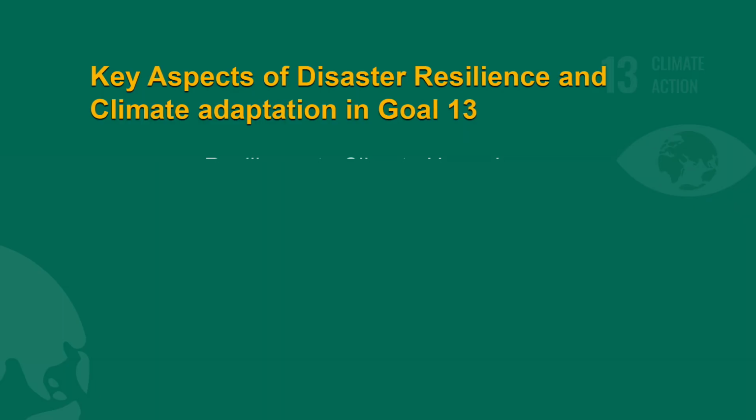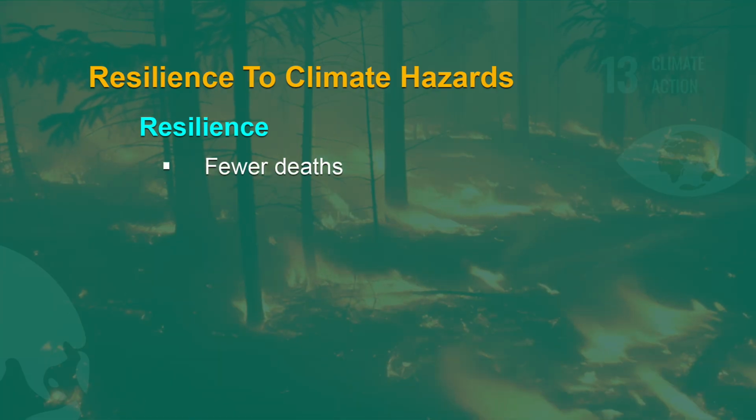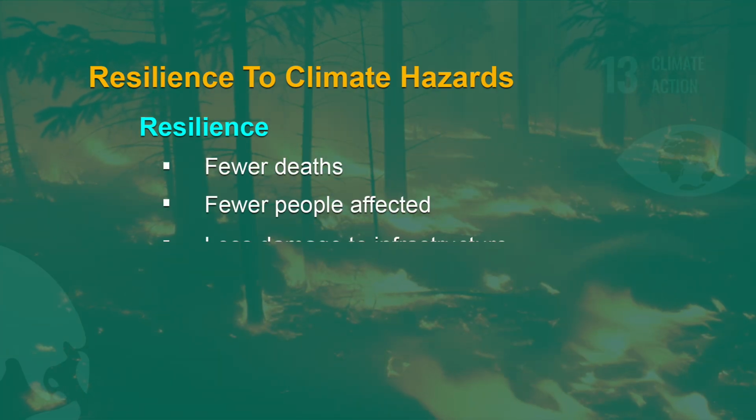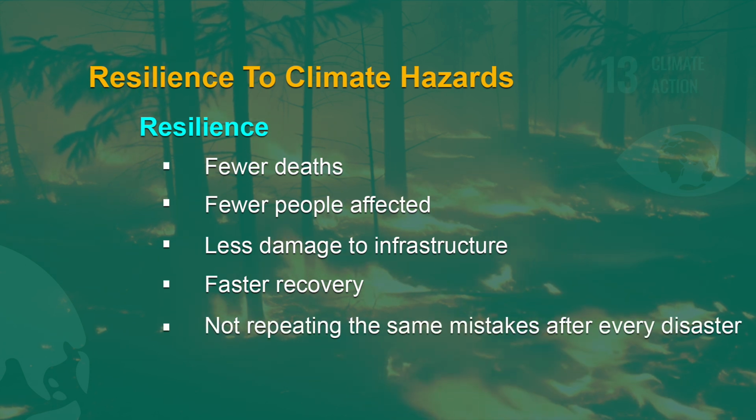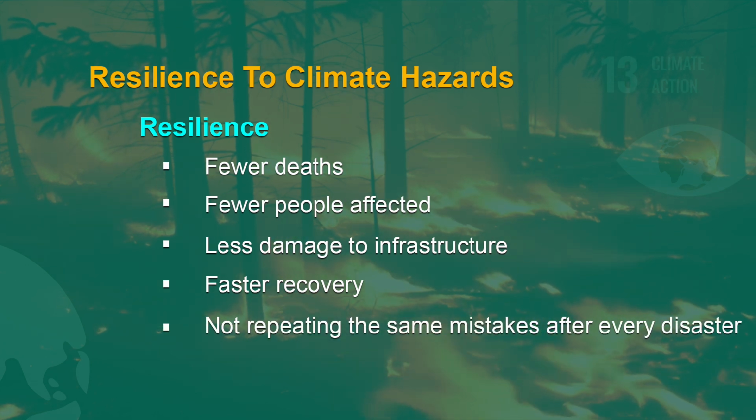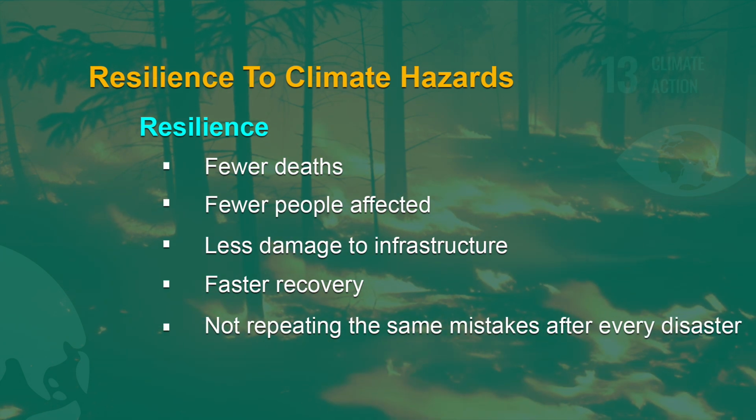The first in this context is resilience to climate hazards. Goal 13 clearly pushes countries to strengthen resilience to climate-related risks. Resilience here means fewer deaths, fewer people affected, less damage to infrastructure, faster recovery, and not repeating the same mistakes after every disaster.